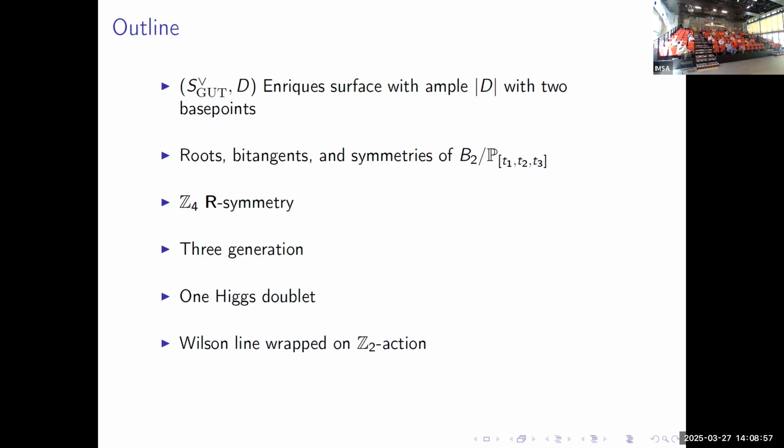This Z2 action that we just talked about to get our Enriques surface will wrap a Wilson line, which will be the final step in getting to the standard model from E8 symmetry as when we began.